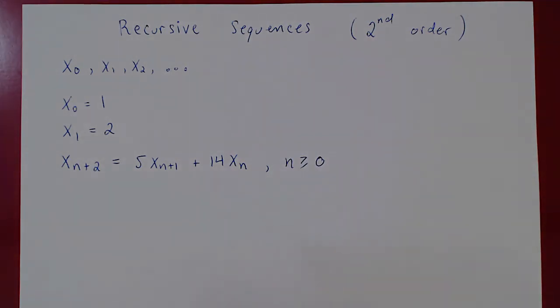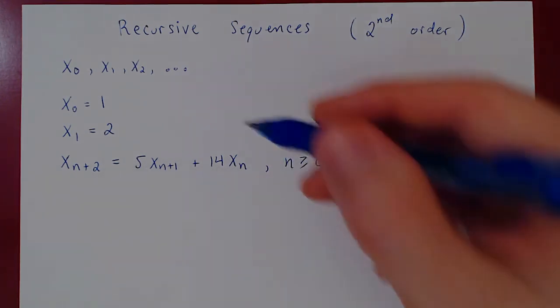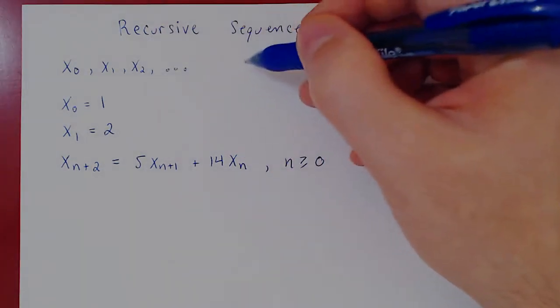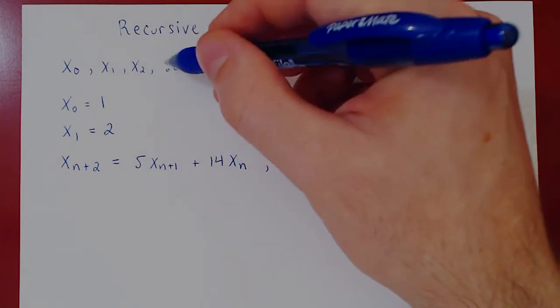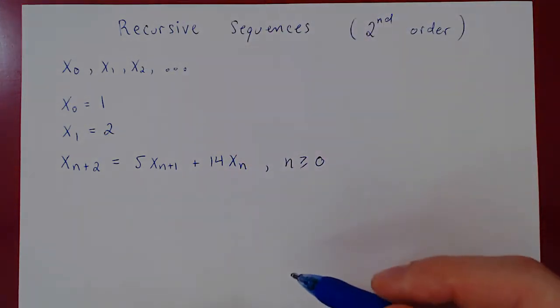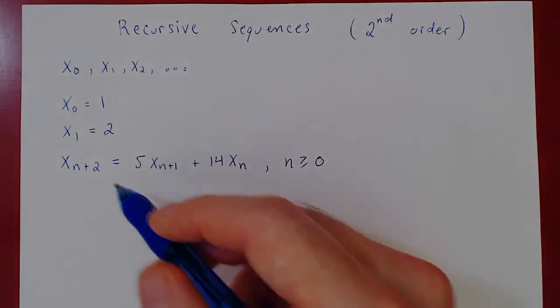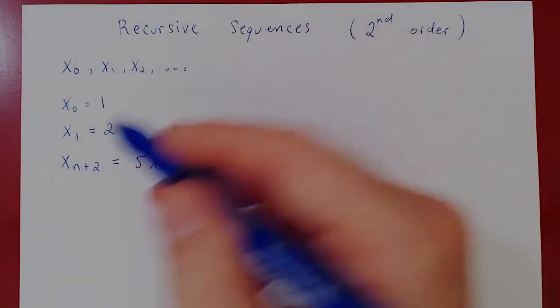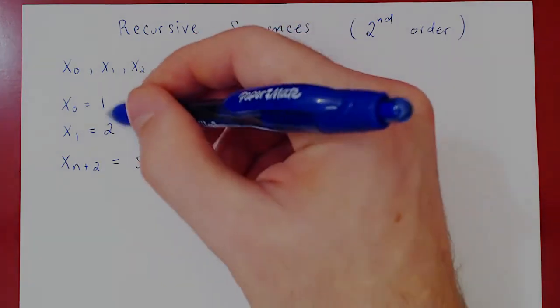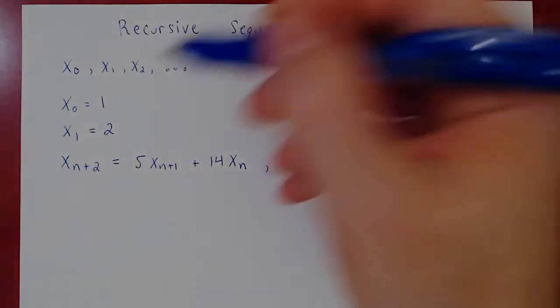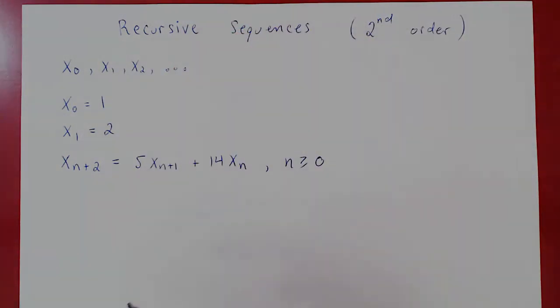So let's see now with this recursion how we could build the sequence one term at a time. How we can find x2, then x3, then x4, and so on. So what if I wanted to find the next term, x2? We already have x0 is 1, x1 is 2, and again, you can choose any given values of your choice for the first two values.